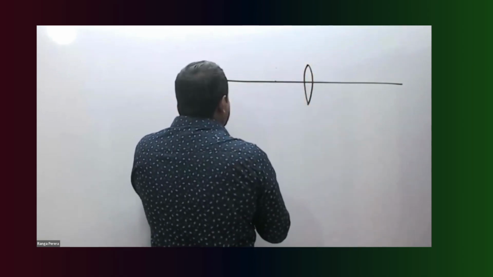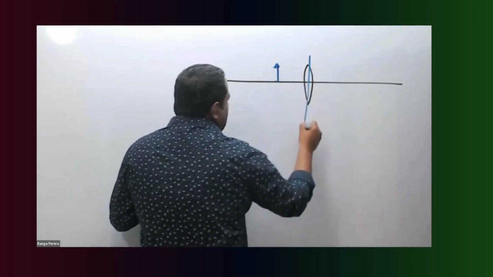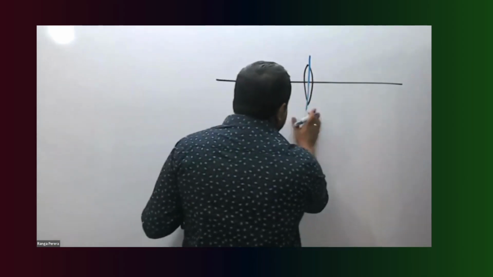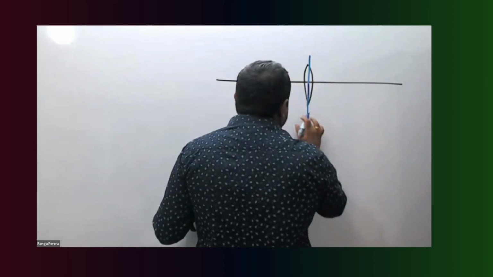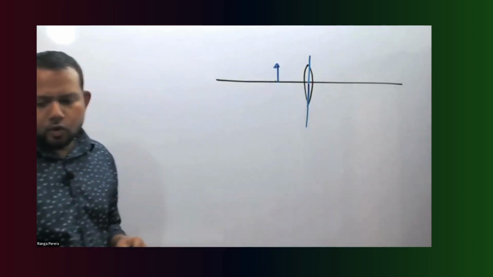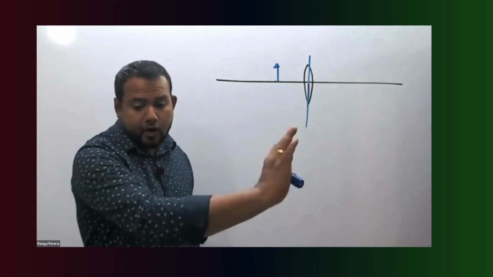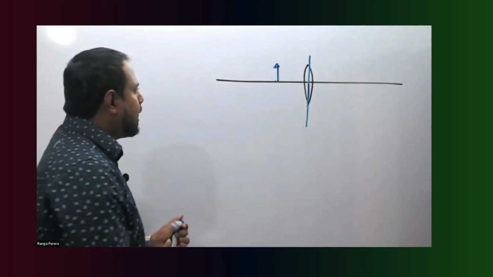Let's say this is your object. Since this is a normal adjustment, you need to place your final image at the near point.